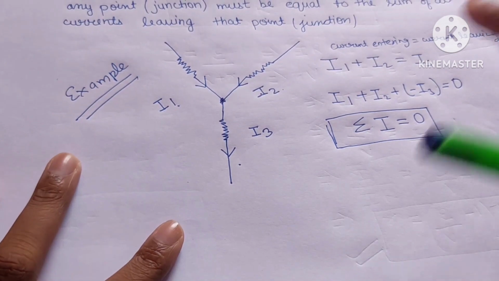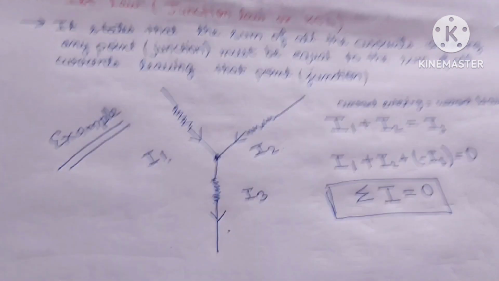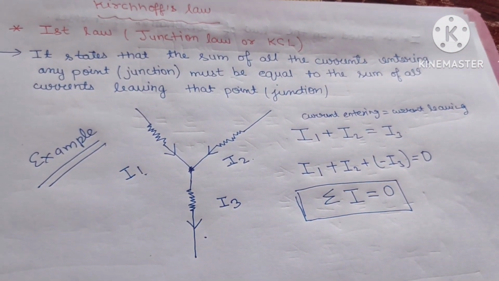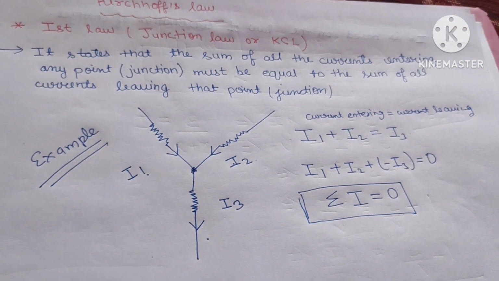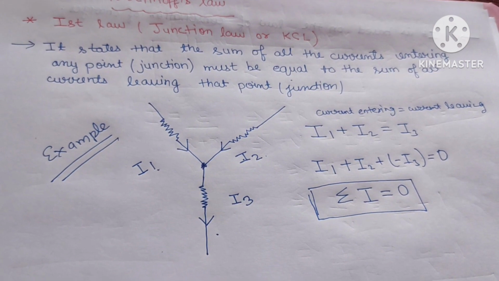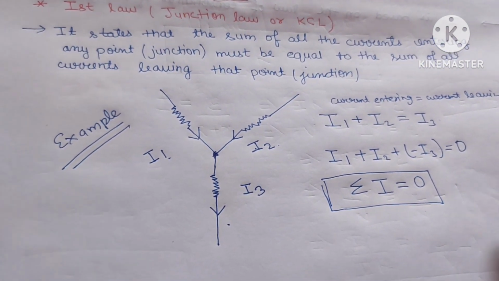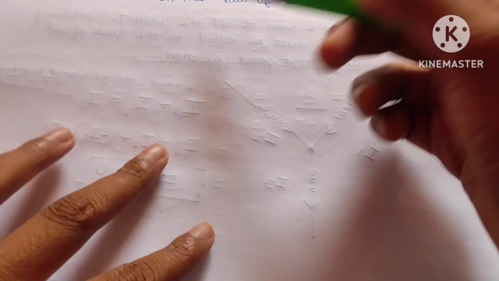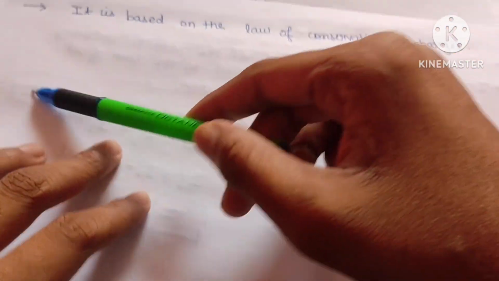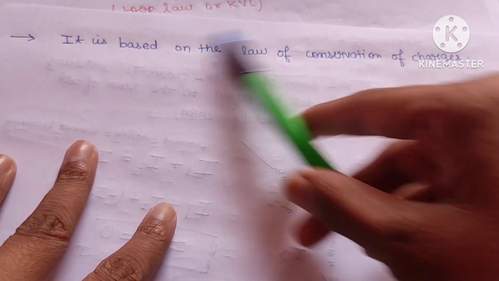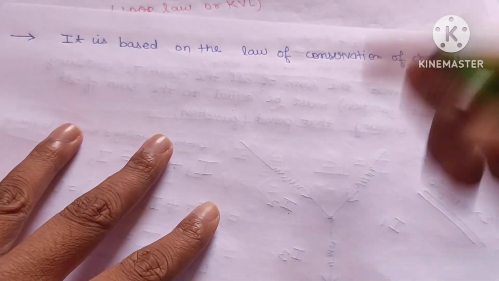This is the first law of Kirchhoff, also known as the junction law. It is based on the law of conservation of charges.